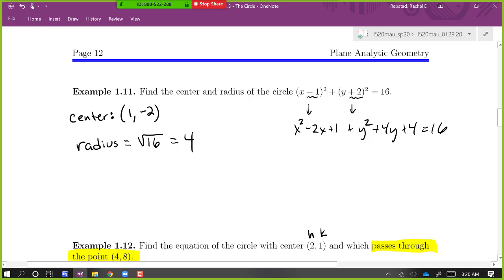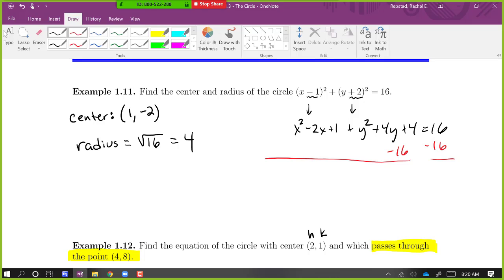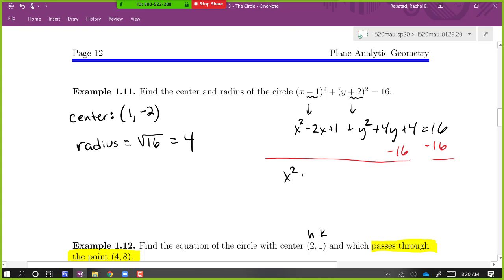And I'm going to subtract 16 from both sides, and then gather my terms. So I got x squared plus y squared minus 2x plus 4y. And then my constants are 1 and 4 is 5. 5 minus 16 is negative 11.